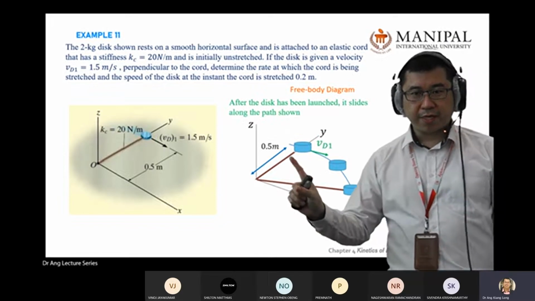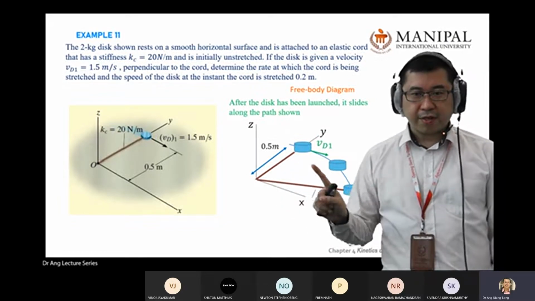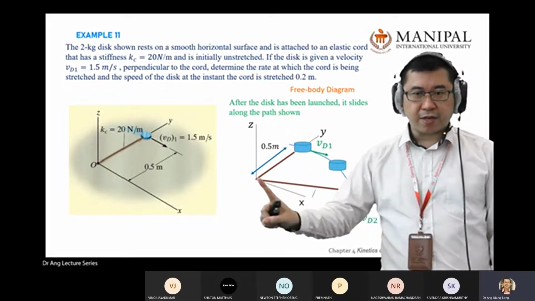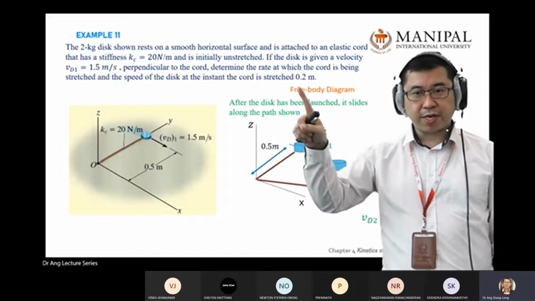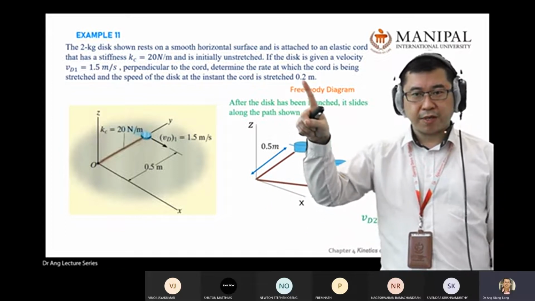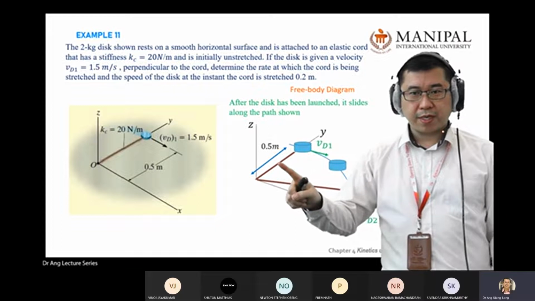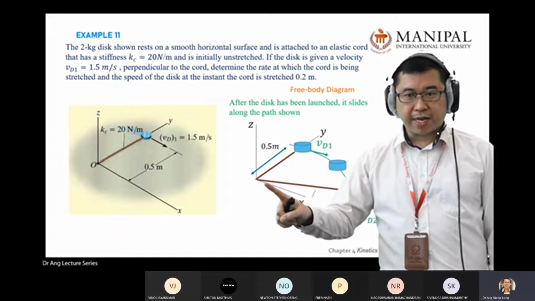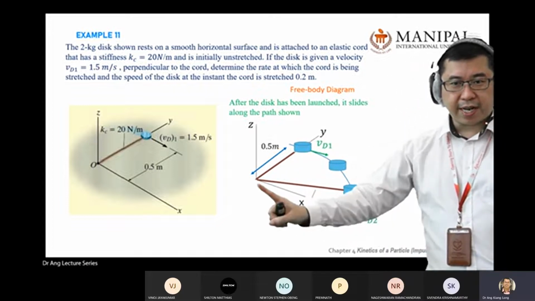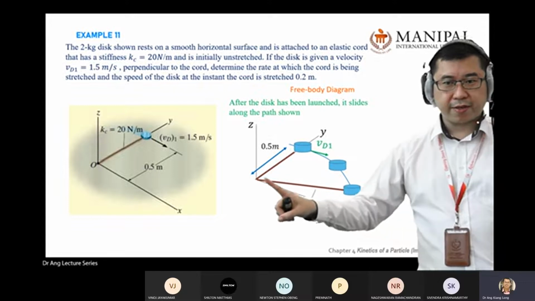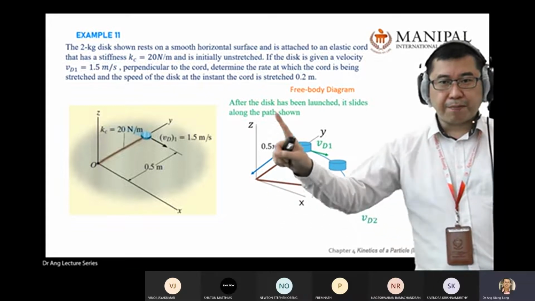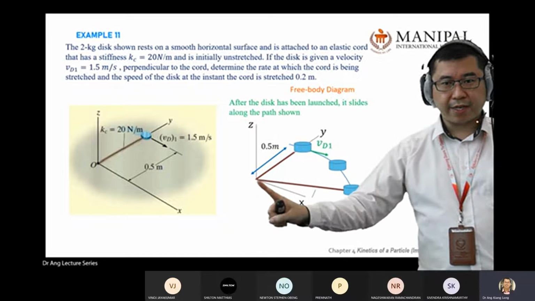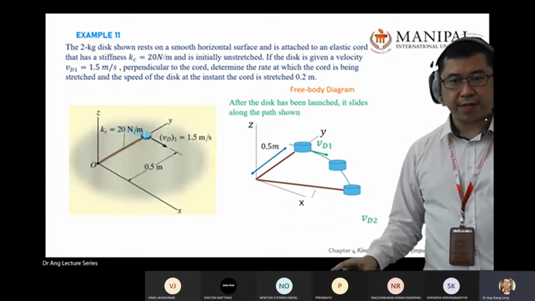Meaning, what is the final length that you want to find? The original is 0.5. The question asks for the position at stretch 0.2, so the final length is 0.5 plus 0.2, which is 0.7.